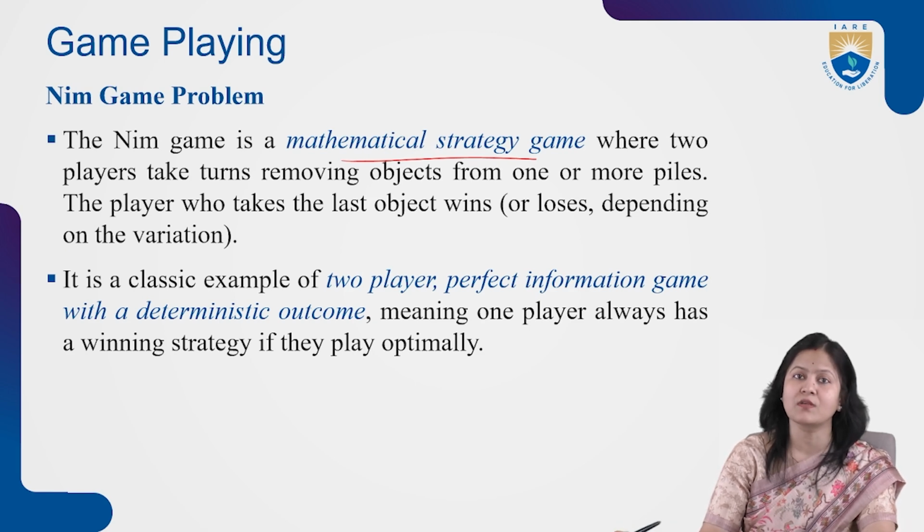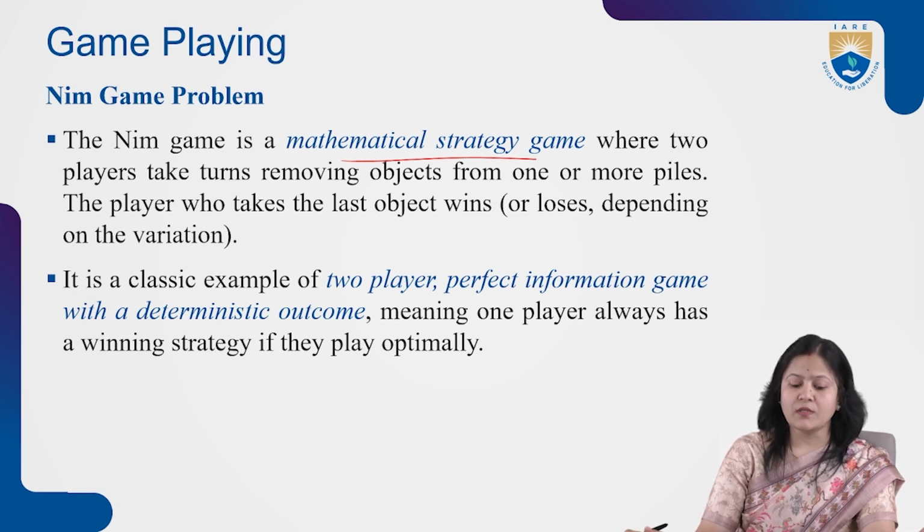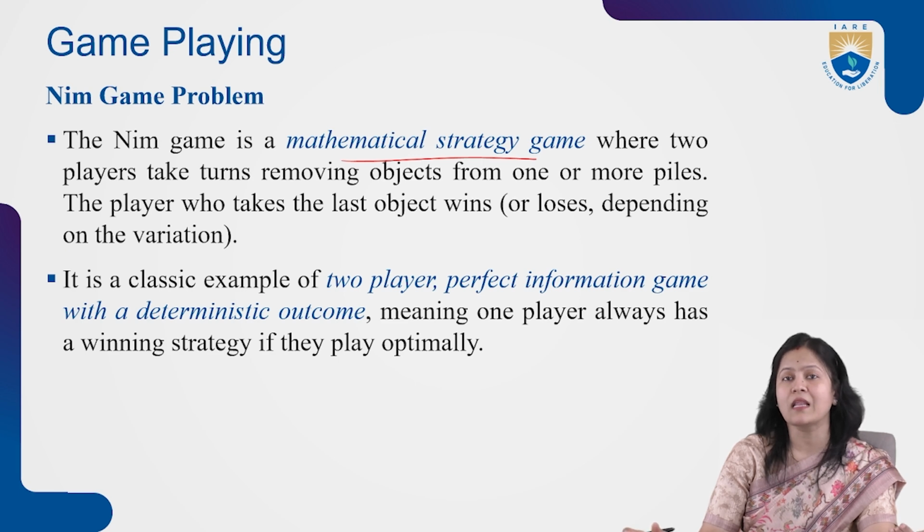Actually, there are two types of game: one is the normal Nim game, another one is the misère Nim game. In the normal game, the player who takes the last object from the pile may win the game. But in the case of the misère game, the person who takes the last object will be the loser. So those are the two versions of Nim game.